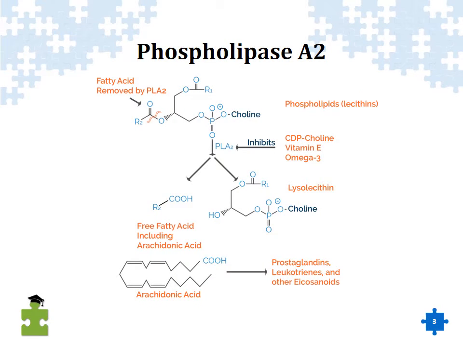Now, phospholipase A2 is a specific enzyme that breaks down a specific phospholipid at a certain position in the overall mechanism of this phospholipid chemistry, if you will. When these phospholipids are broken down, they break down into what are called free fatty acids.